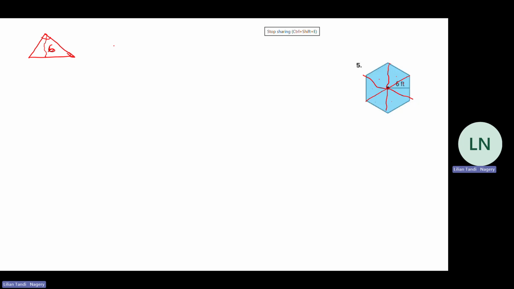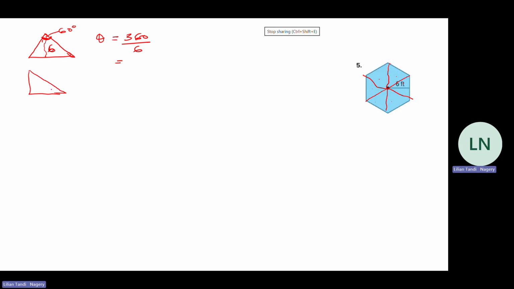This is 6. First, let me find my central angle. Theta equals 360 divided by 6, which is 60. This whole angle here is 60. Now I want the right triangle.